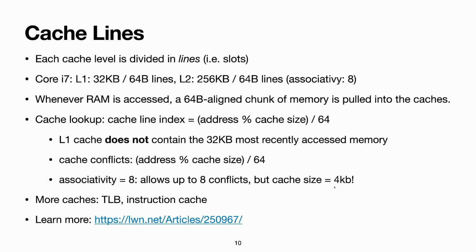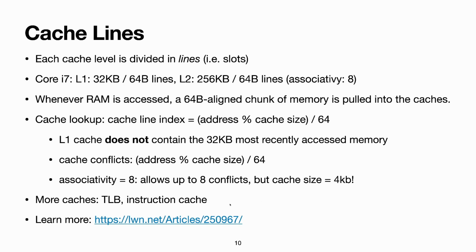So the number of cache lines per subcache is actually 4 kilobytes divided by 64. You'll note that we don't pay any speed cost for associativity, so it's not like we look in the first subcache and then in the second subcache, etc. All the subcaches are checked in parallel. It just takes a little bit more gates on the chip.